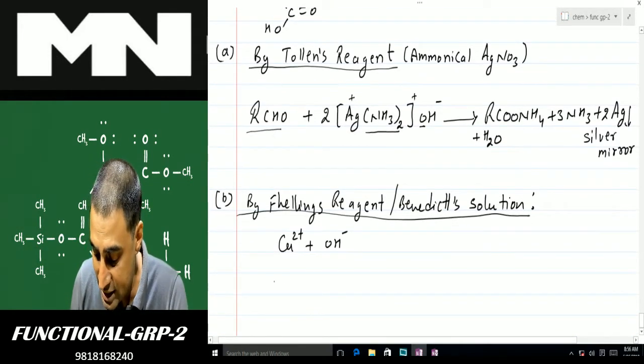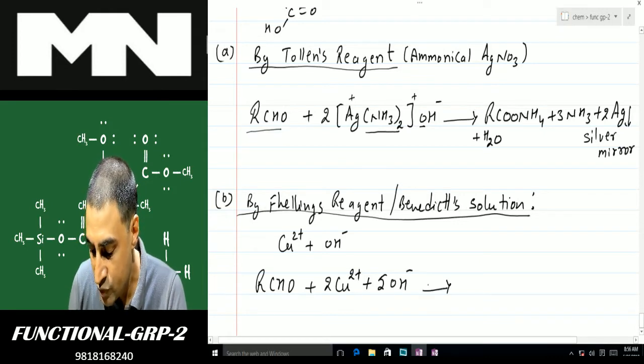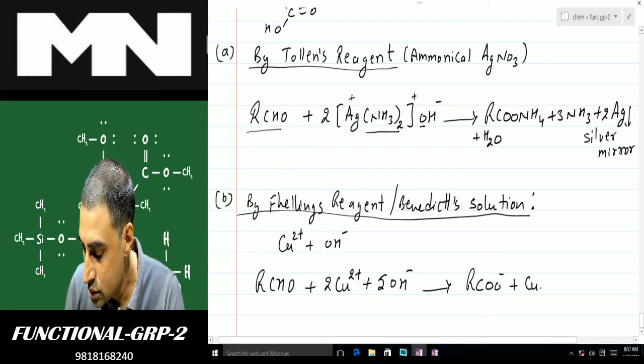So the same reaction can be used for both the reagents. Now here in this case, suppose I have an aldehyde RCHO. I have 2 moles of Cu2+ plus 5 moles of OH- in alkaline medium. It will oxidize the aldehyde to carboxylic acid, that is RCOO- plus Cu2O plus 3H2O.